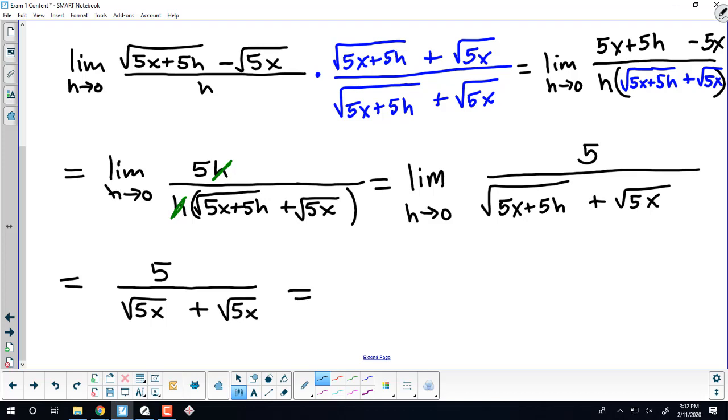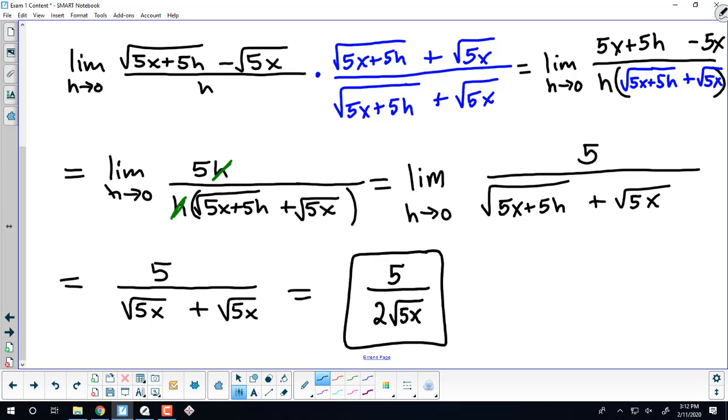So you just have 2 of those. Just make sure you add them. Sometimes if there's a question like this, people will multiply them and say it's 5 over 5x. You're adding those together, so make sure.